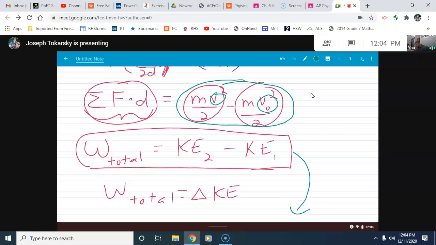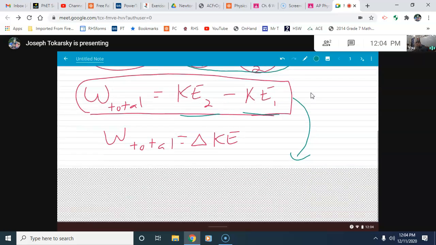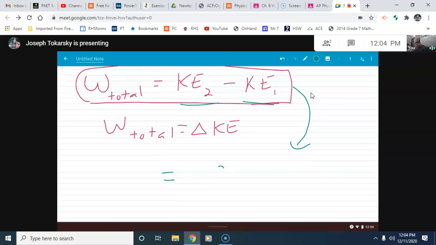But if I'm pushing constant, a final velocity and an initial velocity are equal, right? When I started pushing constant, again, let's use 3 meters per second, and when I continue pushing constant, 3 meters per second. If those are the same, therefore I'm pushing constant, then I have the same KE2 as KE1. And that means when I subtract them, the change is 0. So that means the work total is equal to 0.